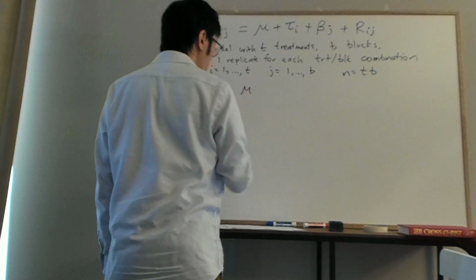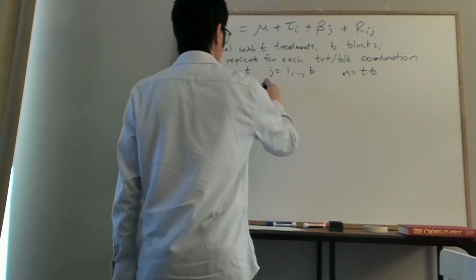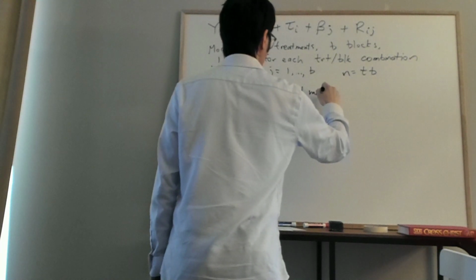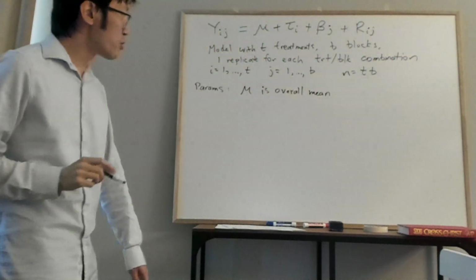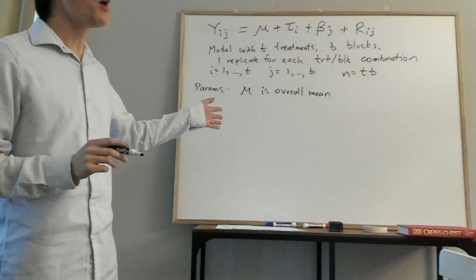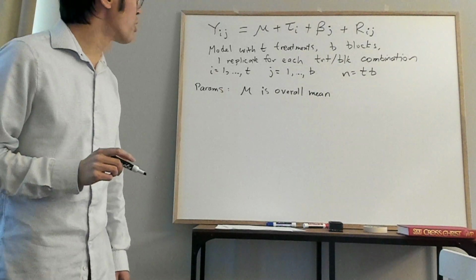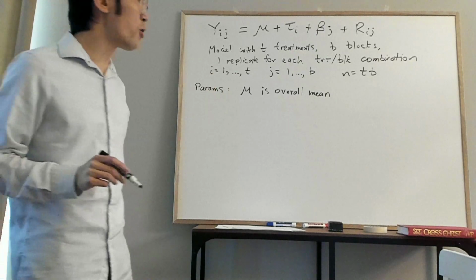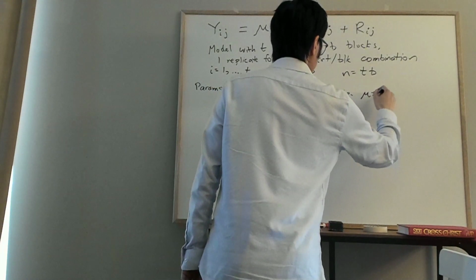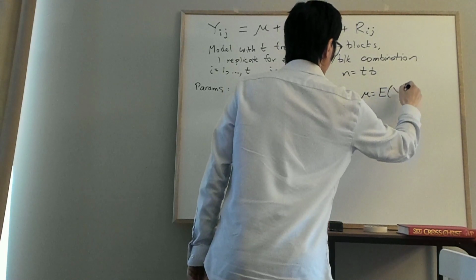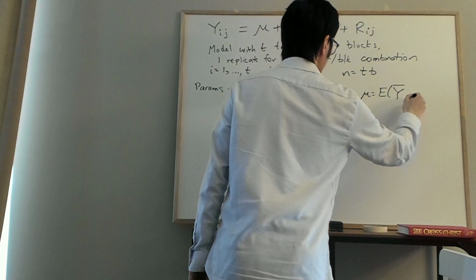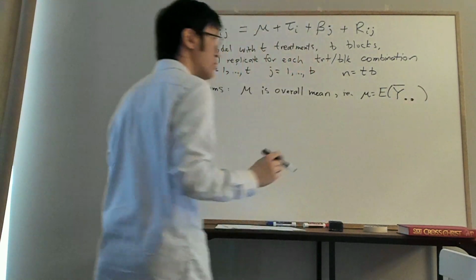Mu is our overall mean. And just to remind you, we set the overall mean to be equal to the expectation of the mean of all the units. So in other words, mu is the expectation of y bar averaged over both subscripts, so y bar dot, in our notation.